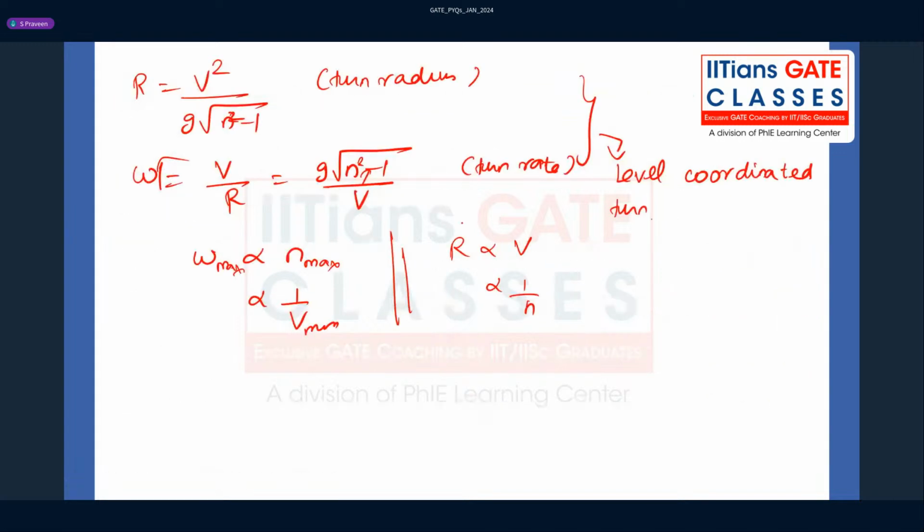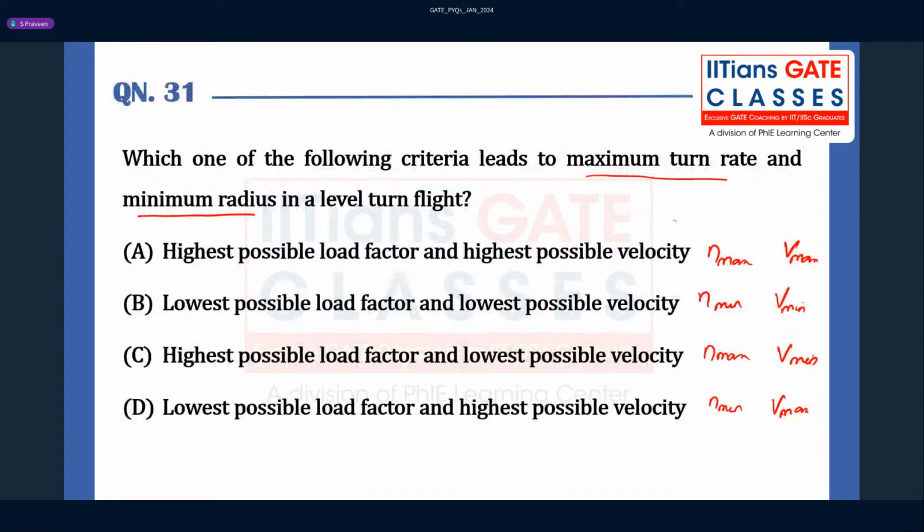So if this is minimum and this is maximum, both of them agree. So I should have a high load factor and low velocity, which means option C is the correct one.